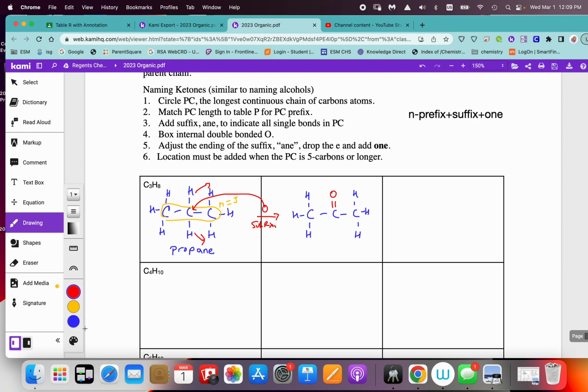Now, carbon 2, instead of having 2 hydrogens attached to it, now it has that double bonded oxygen. So if we take a look at it, we still have a 3-carbon parent chain. The carbons are still linked together with single bonds. So this would still be based off of propane.